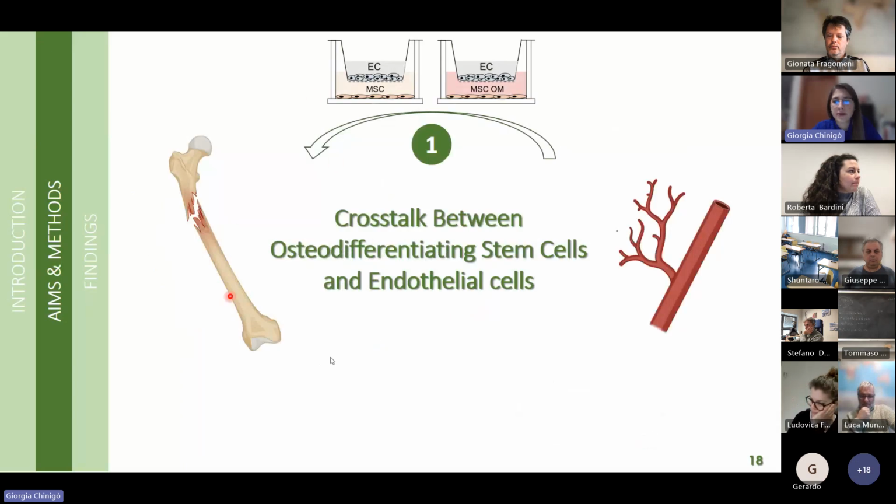Let's start from the first configuration, in which we have mesenchymal stem cells on the bottom and endothelial cells within the transwell. So we are looking at what changes about mesenchymal stem cells.